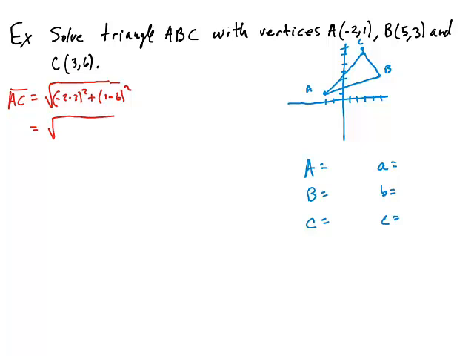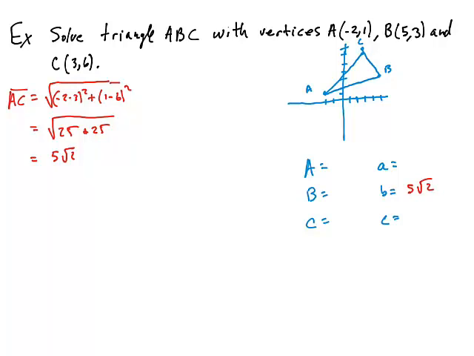We end up with -5 squared is 25, -5 squared is also 25. So we get square root of 50, that can reduce to 5 square root 2. Alright, so AC, that is the same thing as side B. So this is 5 square root 2.